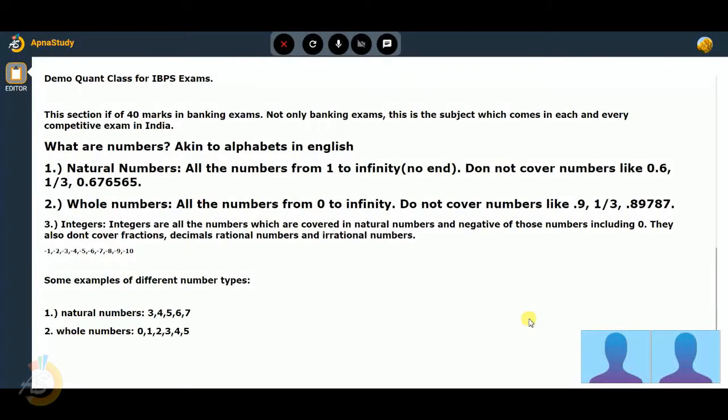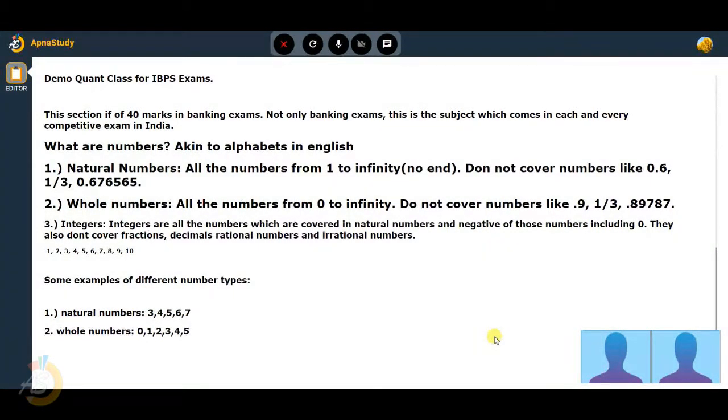If we had to write two integers greater than 0, then we can write 8, 88, or any two numbers you like which are greater than 0. But we should remember that the numbers should not be in decimal, or they should not be rational or irrational or fraction.